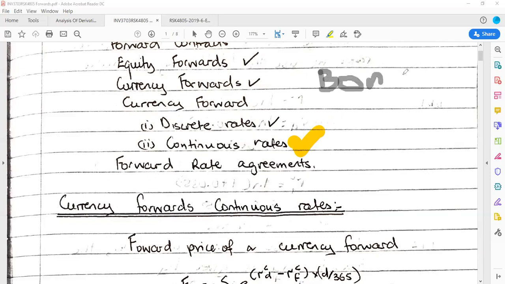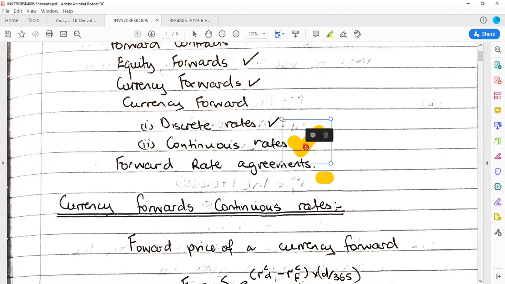I just forgot to write them here, but we looked at fixed income forwards, also known as bond forwards. So to date, we've managed to touch bond forwards, equity forwards, currency forwards. I just want us to look at an example on currency forwards, continuous rates. And then lastly, I'll take you through forward rate agreements.